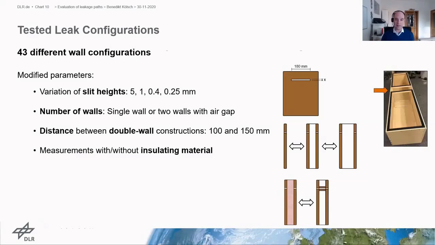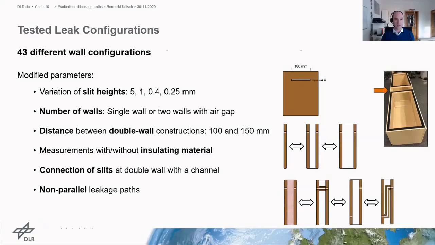And we connected the slits, for example, with a channel if they are parallel to each other. Due to the fact that in real buildings, often the leak is not straight through the wall, as it is done here, we investigated non-parallel leakage paths in this model scale as well, with and without any connection.